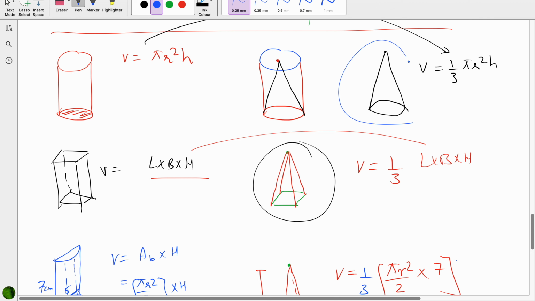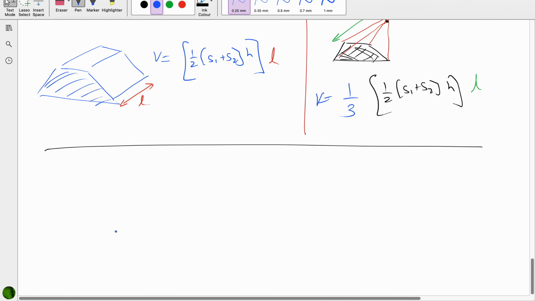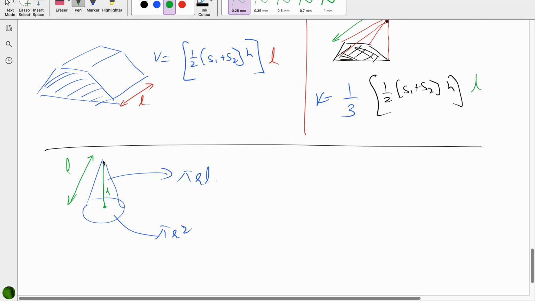In this shape cone, I can see one shape at the base and the curved part. This is pi r square and this curved section is pi r L, where L is the slant height. This is the perpendicular height, L is the slant height, and you will have to use Pythagoras theorem with the radius and height to get the slant height.